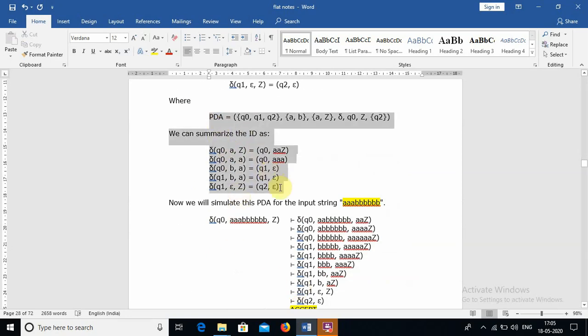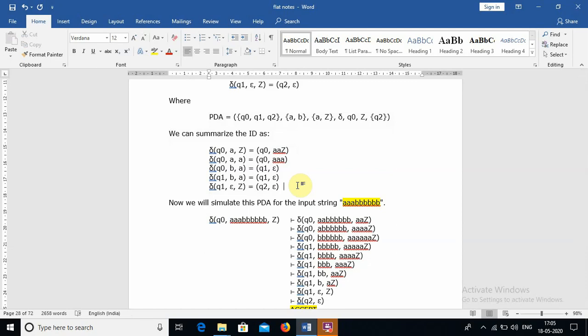So how to construct a PDA: you take a string from the language and construct IDs for that string, by imagining the stack, input string, and transition function.